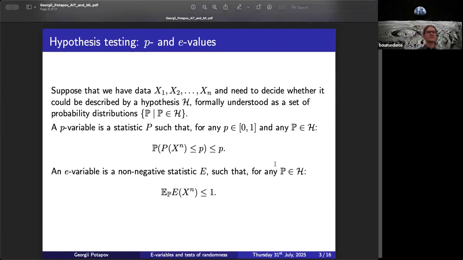So first, I'll briefly introduce p-values and e-values, or more precisely what I'll be talking about, p-variables and e-variables.